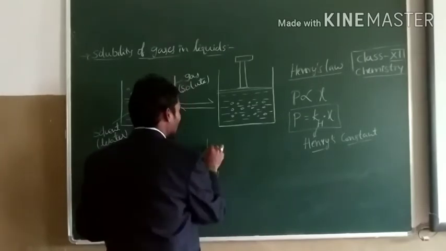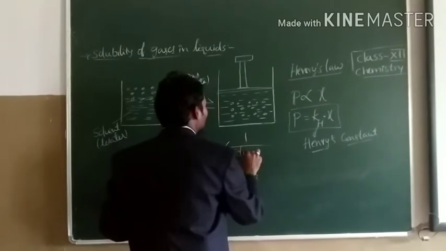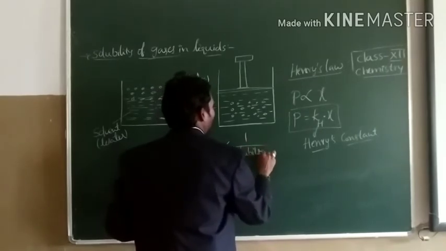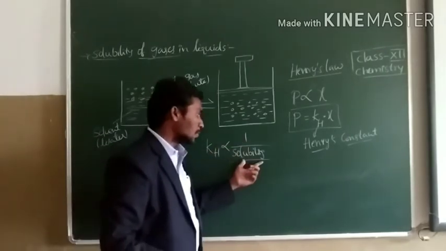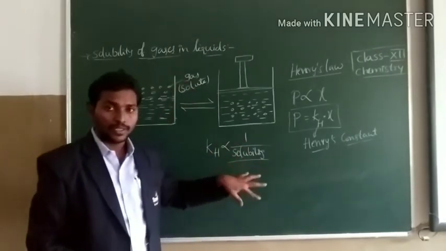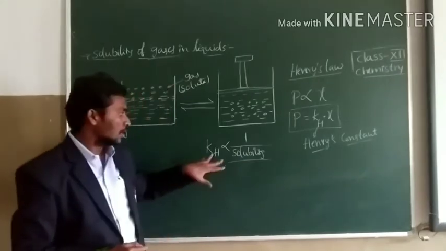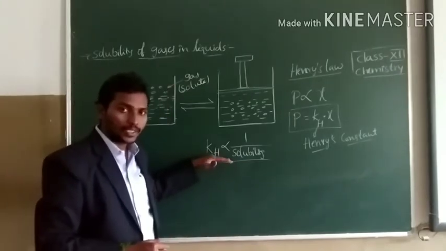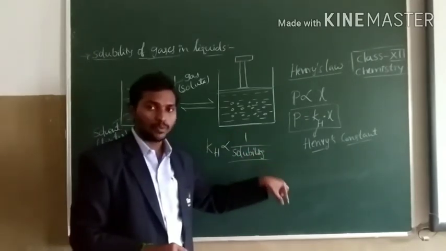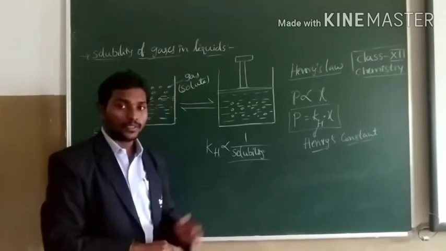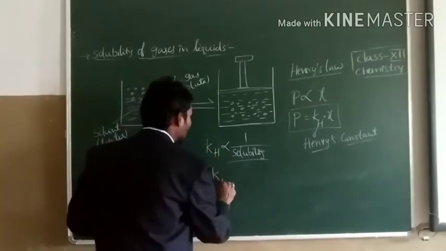That's why Kh is inversely proportional to the solubility of the gas in a given solvent. This is because as the Kh value increases, a smaller amount of gas can dissolve in the given solvent. That means Kh value is directly proportional to the temperature.